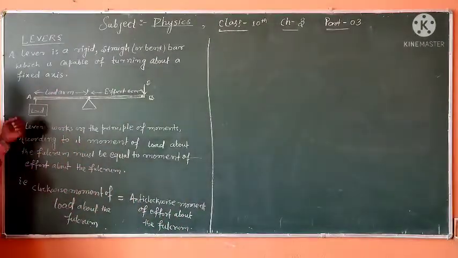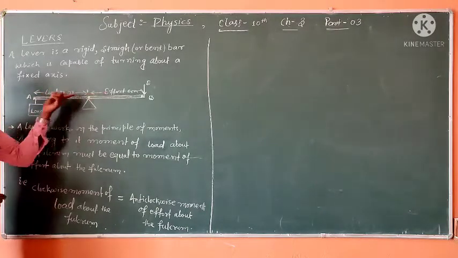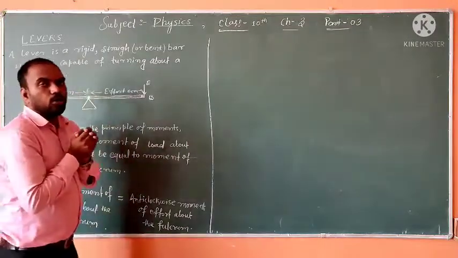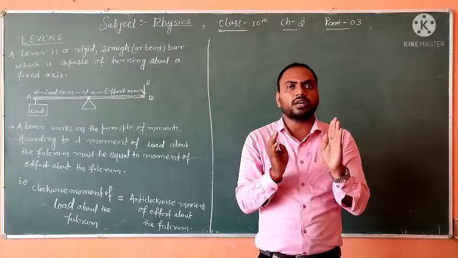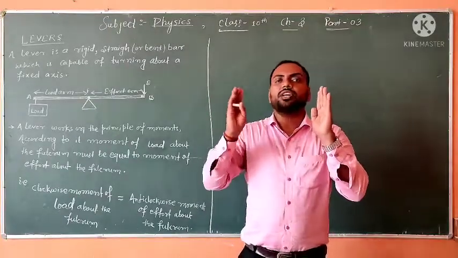Here I have written some other words also, that is load arm and effort arm. Load arm is the shortest distance between the point of axis of rotation, that is the fulcrum, and the load.